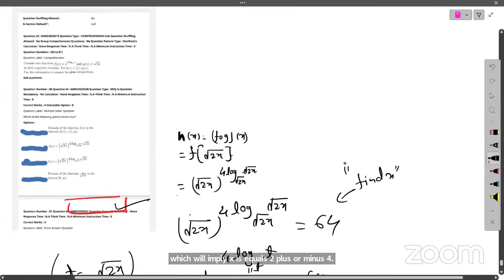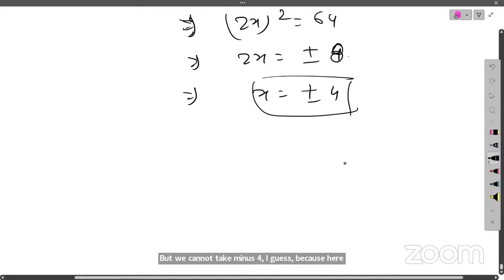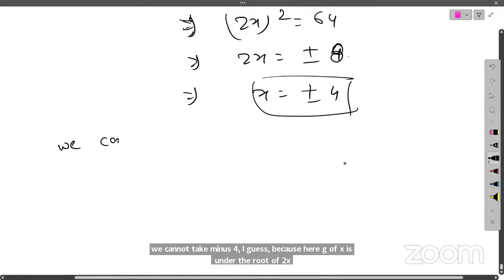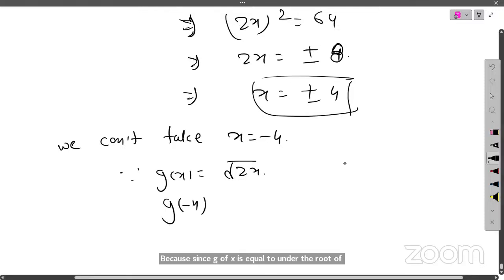But we cannot take minus 4, I guess, because here g(x) is the square root of 2x. We cannot take x equal to minus 4, since g(x) is equal to √(2x), so g(-4) is not well defined. It will give us a negative quantity under the root, right?